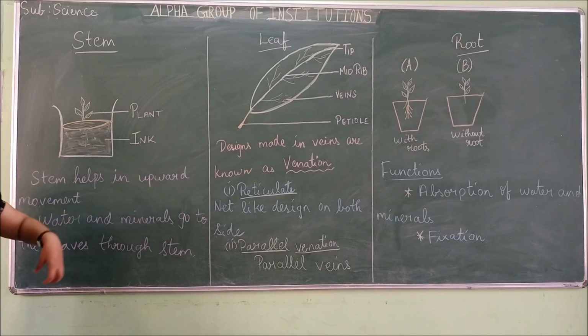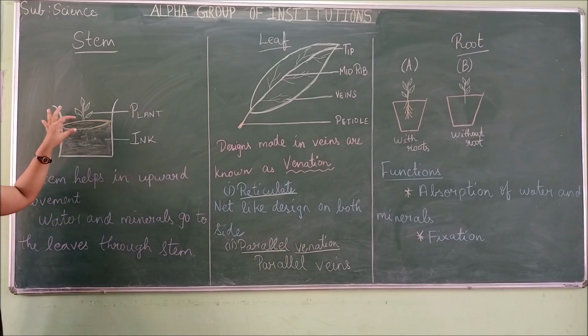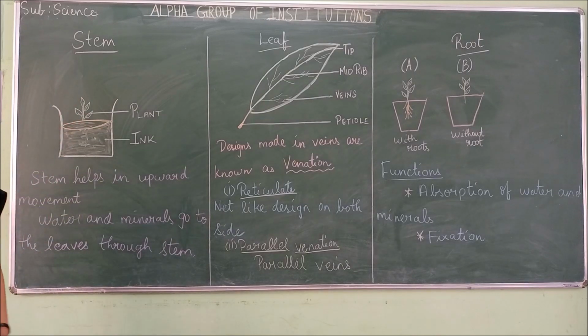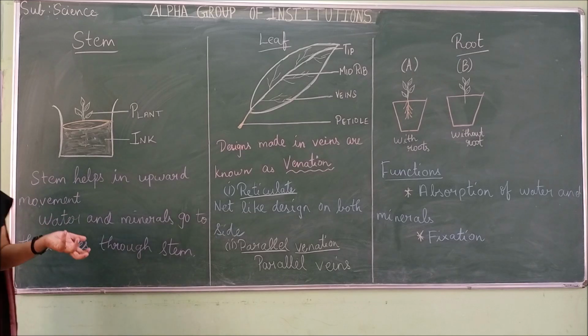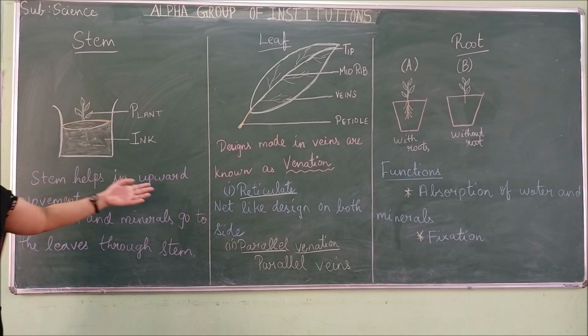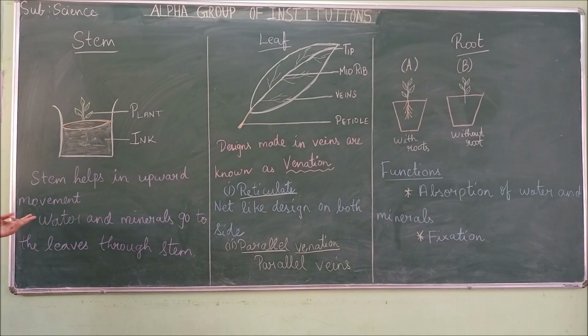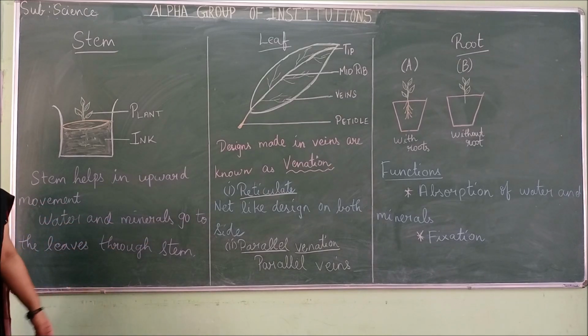Why? Because the ink is being absorbed through the stem and transported to the leaves. So that is why it has turned blue and red. Stem helps in upward movement, and water and minerals go to the leaves through the stem only.